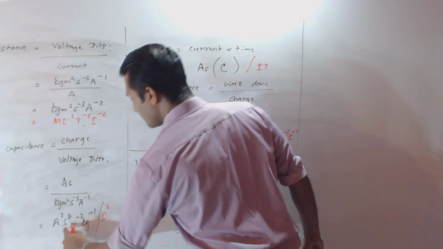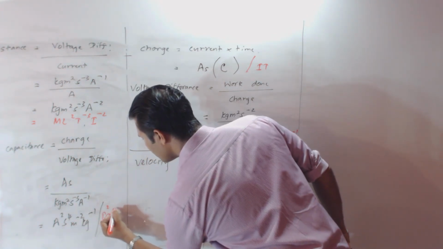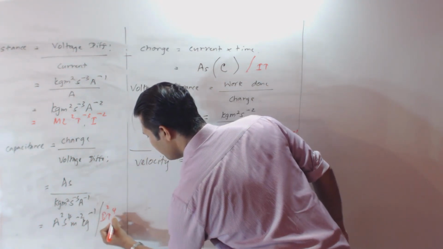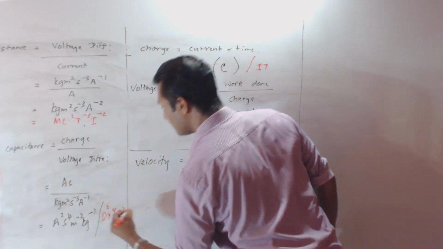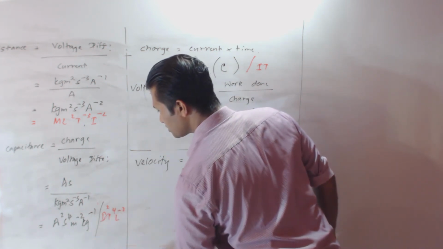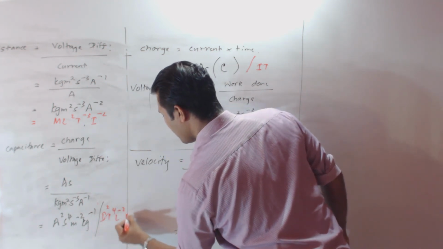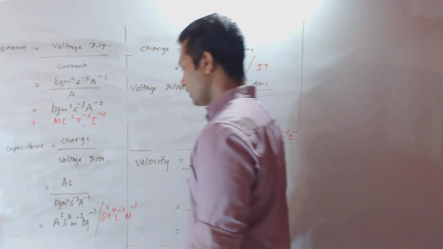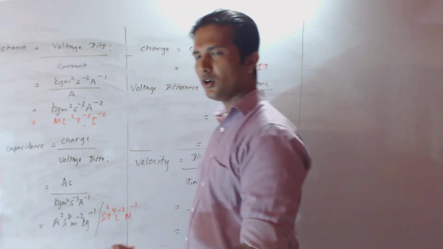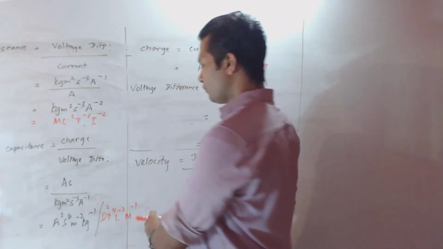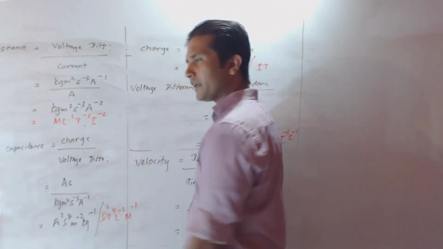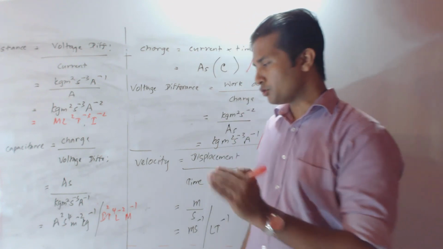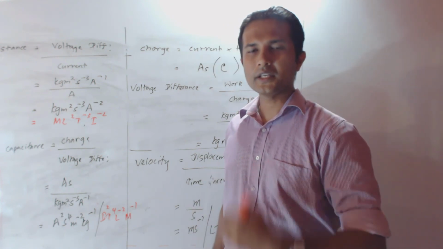Then considering simple s, T to the power 4, considering simple m, L to the power minus 2, then considering kg, M^-1. No need to follow a particular order. This should be the way of getting dimension using the derived unit.